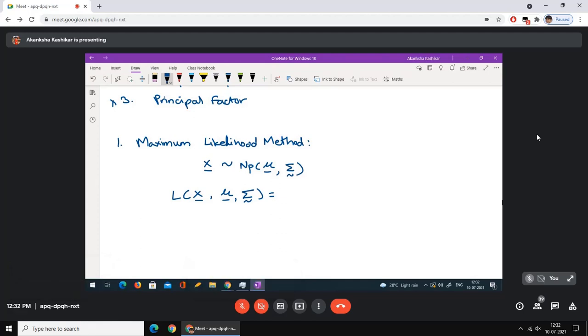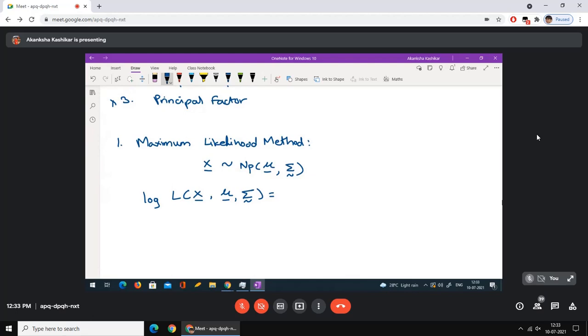So right now I will directly write the log likelihood. I don't mind if you completely ignore this at this stage, because once we finish all these exploratory things, we are going to start with the multivariate normal distribution, and at that time we will be writing this likelihood hundreds of times. So you will get more comfortable with it. But I don't want to come back to factor analysis just for this 5-7 minute discussion.